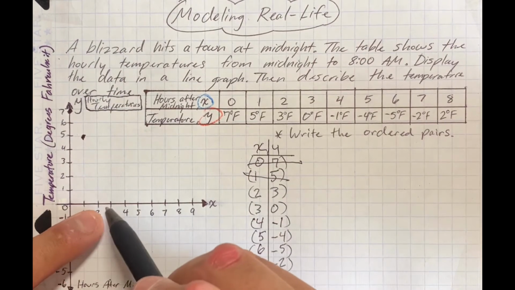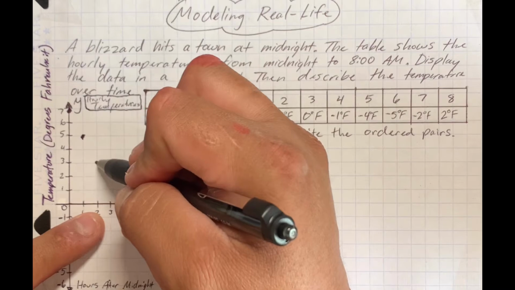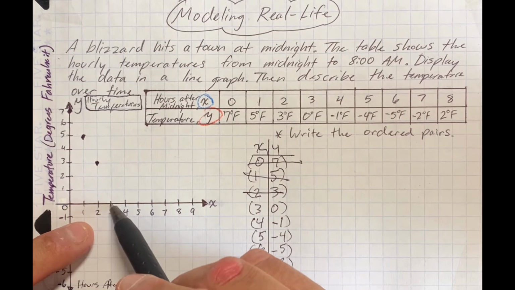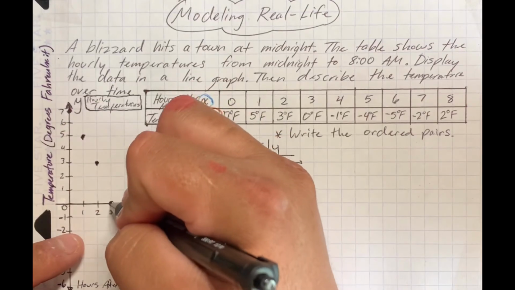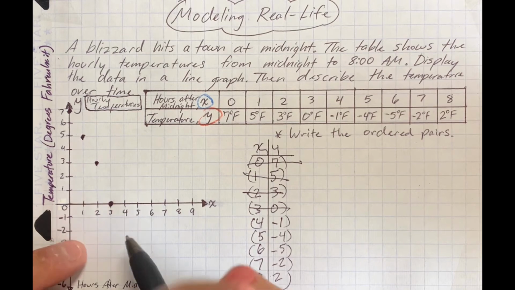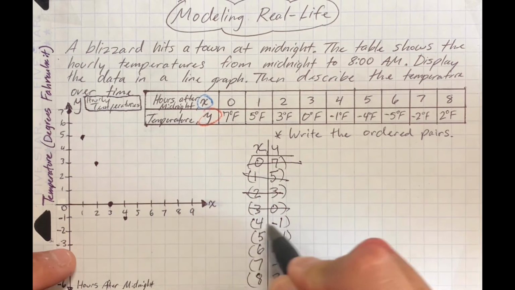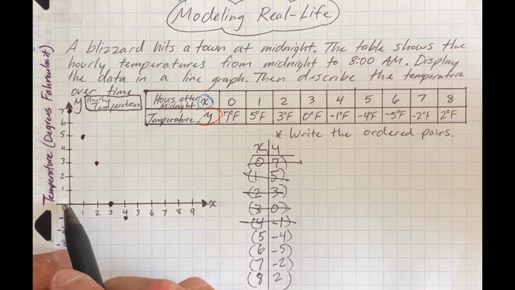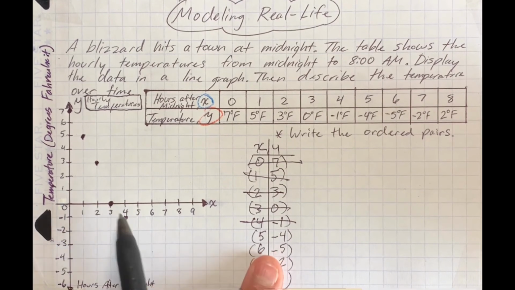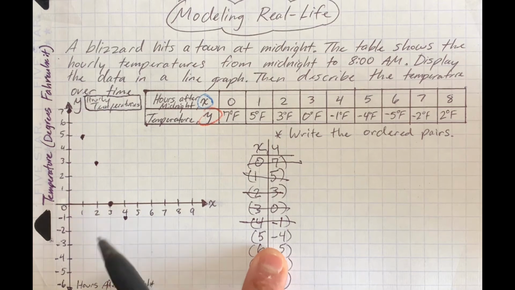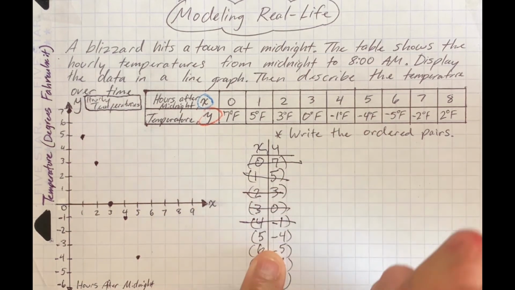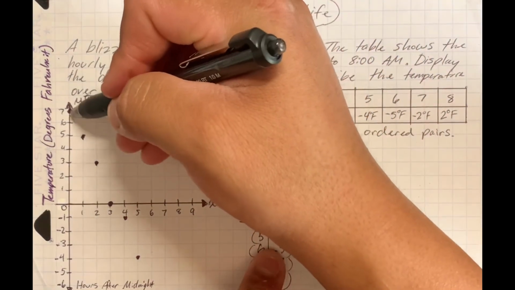Then +2, +3. Then +3 on your x-axis and 0. Then we have +4 and -1. Then start at your origin, +5 on your x-axis, and -4 right there. Okay, and then let's connect these dots.